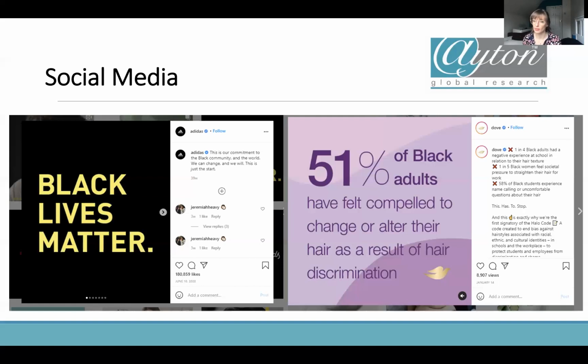And then they started talking about the Halo Code. So this is a petition that's going around and something that they've signed as well, which is all to do with stopping hair discrimination for Black ethnicities, but also any other ethnicity that isn't your classic Western hair, because especially in the UK and other countries like this, a lot of the hair product marketing is very much towards Caucasian hair.